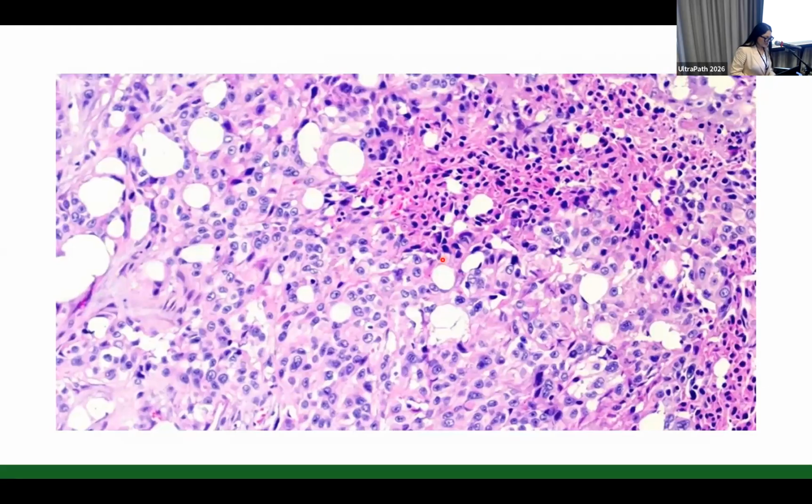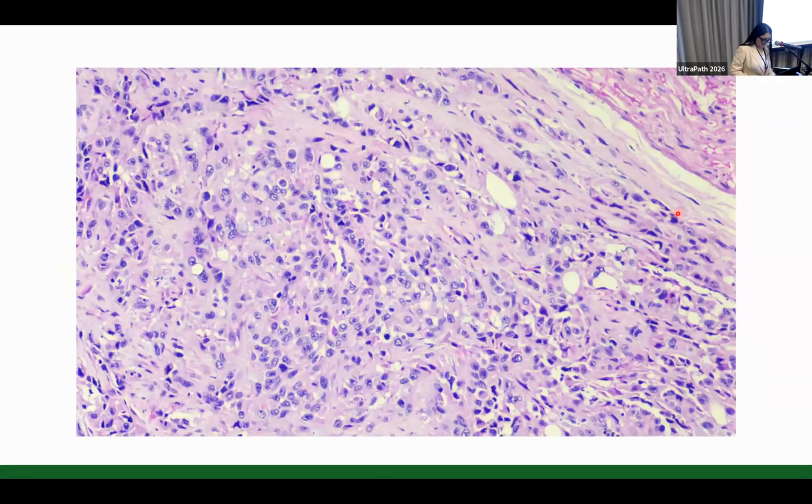At higher magnification, the cells are polygonal with dense cytoplasm and an epithelial appearance, alternating with extensive necrosis areas. In this other picture, we can see the discohesion is more present.